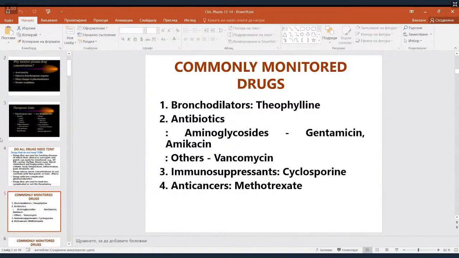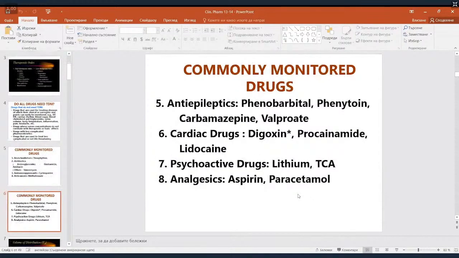What are the drugs that need therapeutic drug monitoring? Some examples are theophylline, which is a bronchodilator used in asthma, COPD, and other pulmonary diseases. Some antibiotics like aminoglycosides, like gentamicin, other antibiotics like vancomycin, immunosuppressive drugs like cyclosporin, tacrolimus, and anti-cancer drugs like methotrexate need therapeutic drug monitoring.